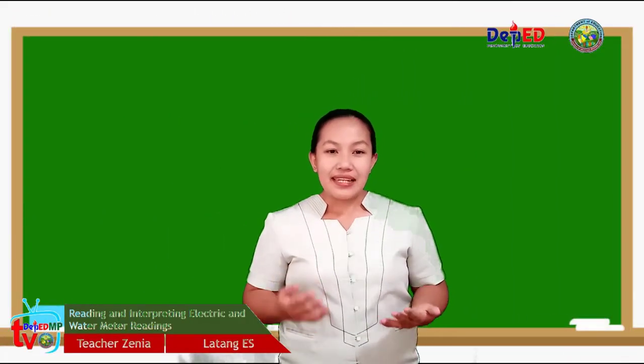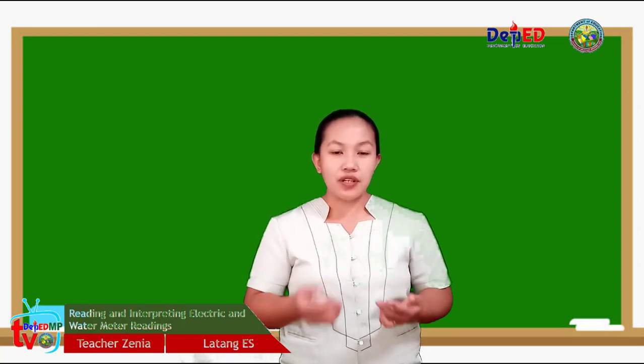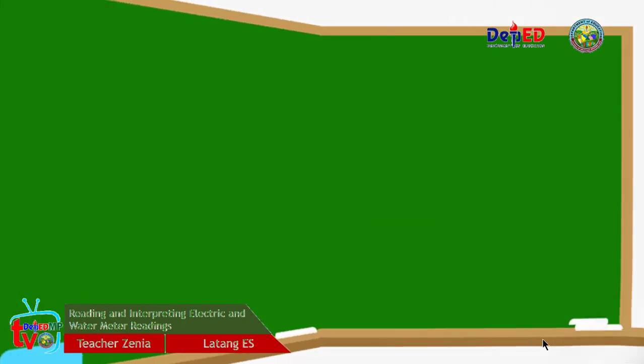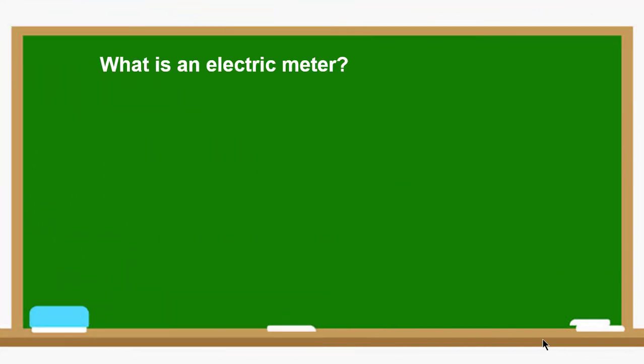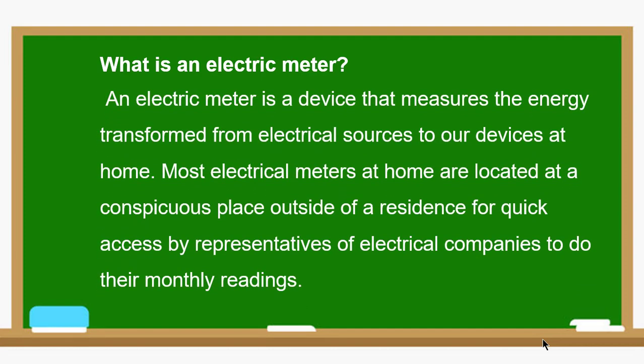Now, let's study deeper about electric and water meters. What is an electric meter? An electric meter is a device that measures the energy transformed from electrical sources to our devices at home.